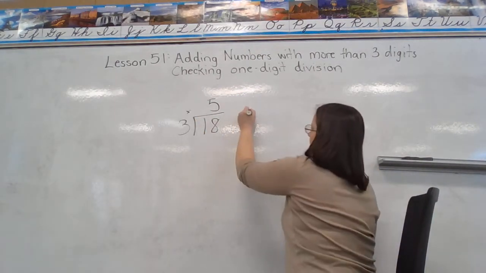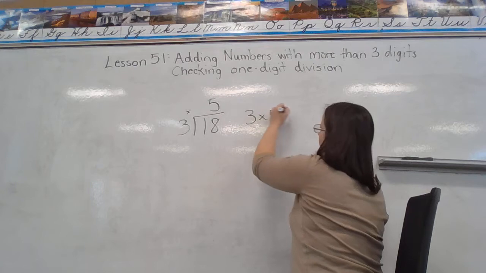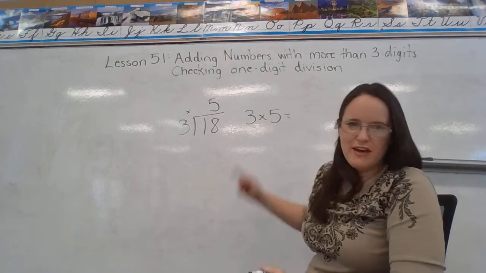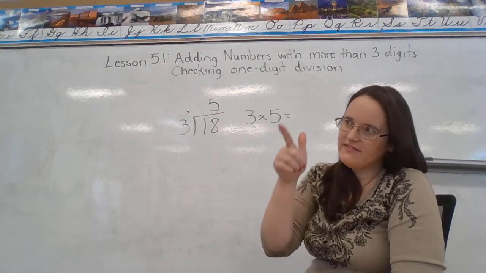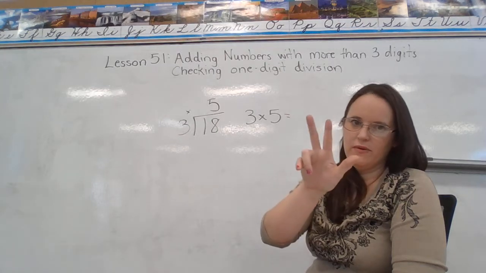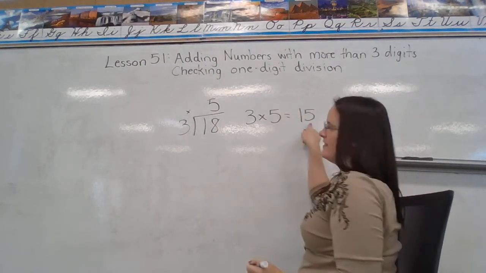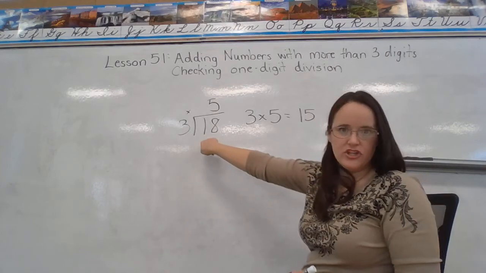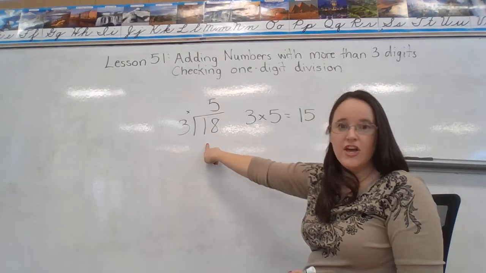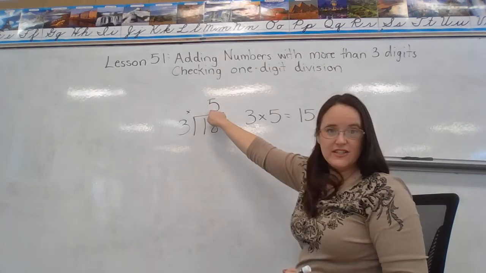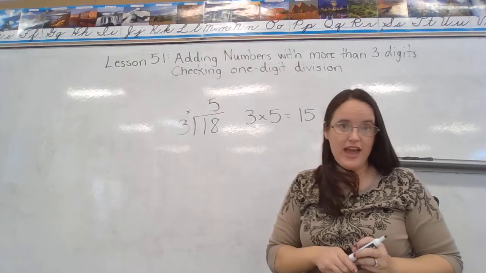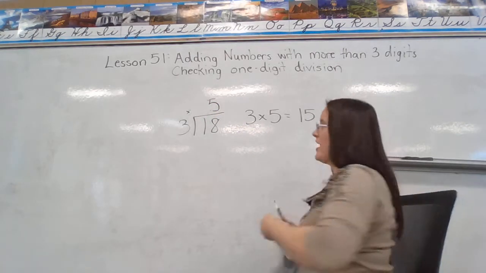So I say 3 times 5, and I'm going to count by 5s instead of 3s. 5, 10, 15. Uh-oh. I only got 15. This does not match the dividend inside the house, so that tells me that my division answer here is not correct. It's wrong, so I have to try again.